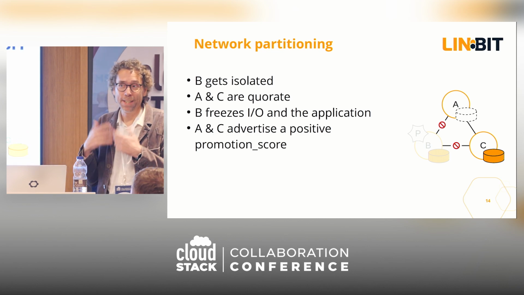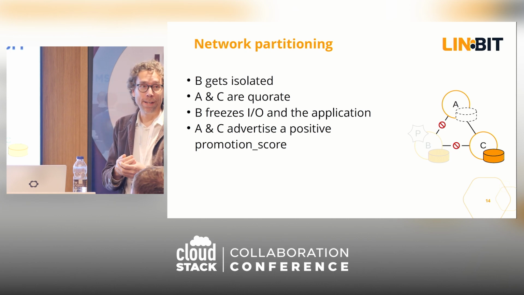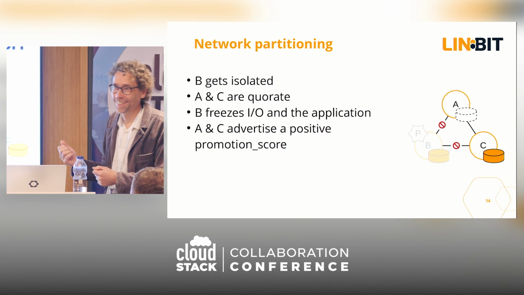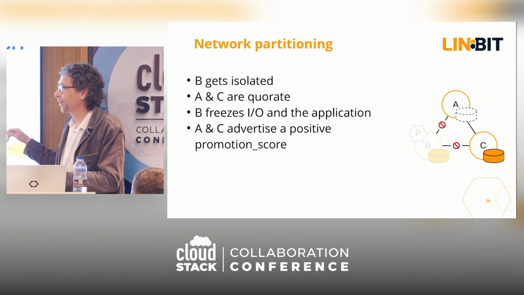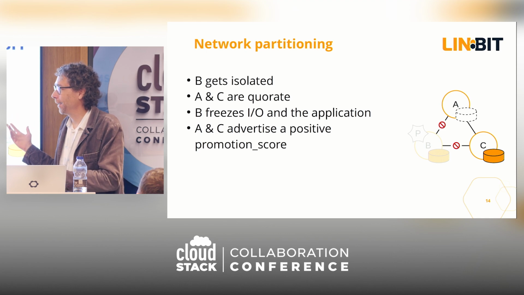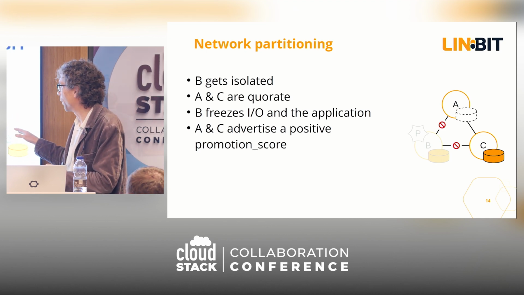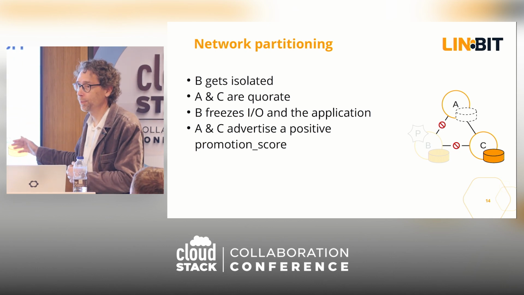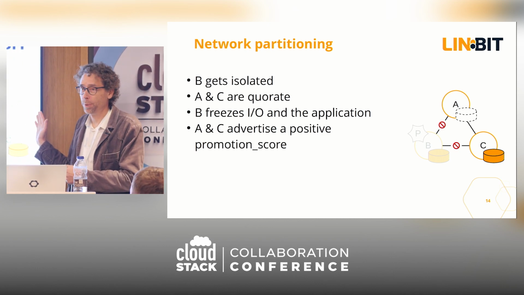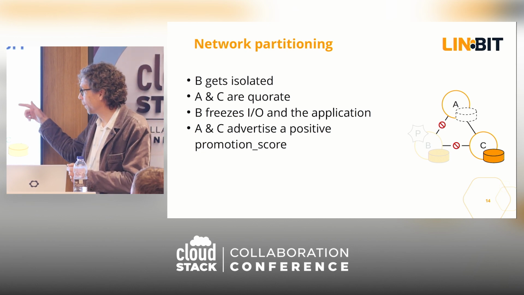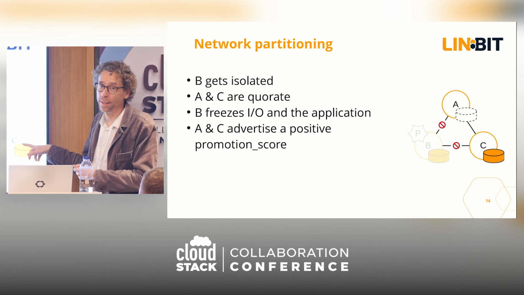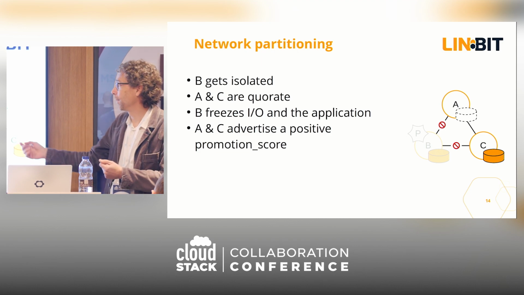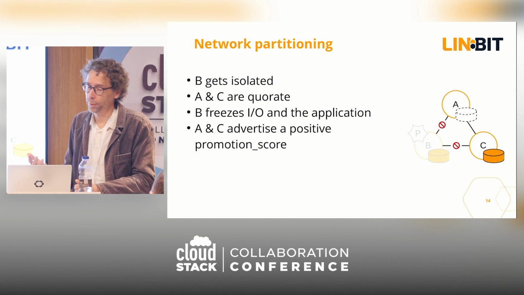So in order to restore availability of the application, it would be a good idea to start it. DRBD exposes a lot of state someone could consume, and one of these state members is the promotion score. So these two nodes now offer a positive promotion score. And just as a detail, this guy offers a higher promotion score because it has a local copy of the data. This one also offers a positive one.